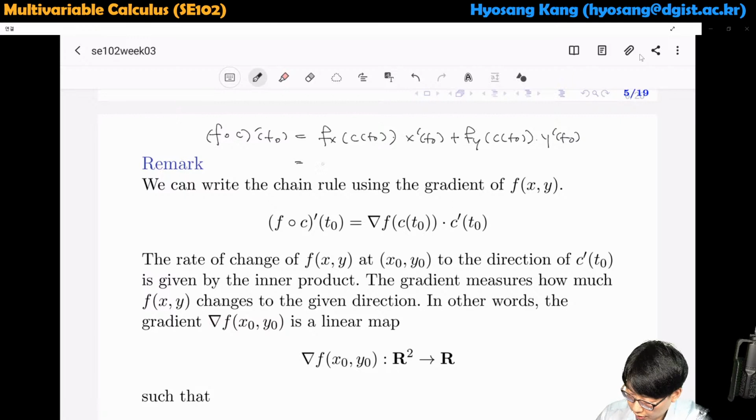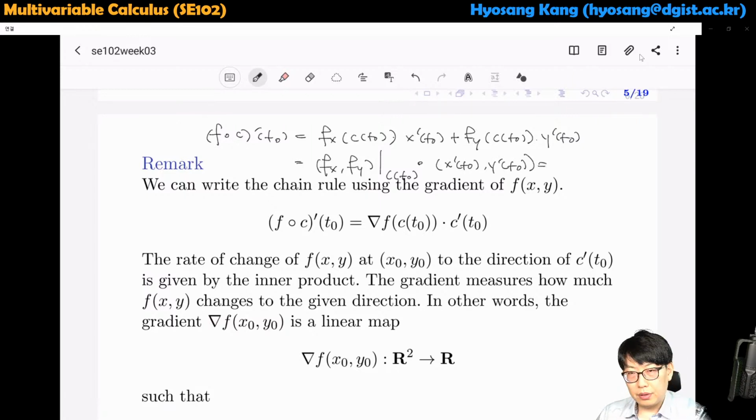In other words, this can be written as the vector (f_x, f_y) at c(t0), dot product, the inner product, with (x', y').